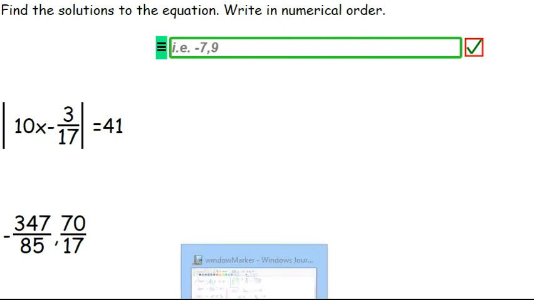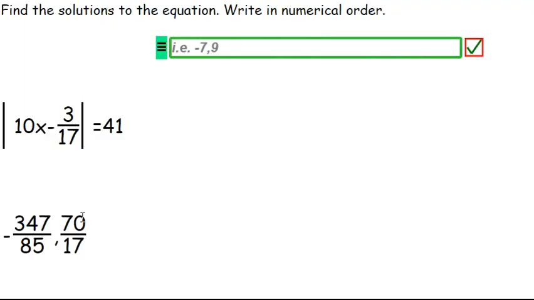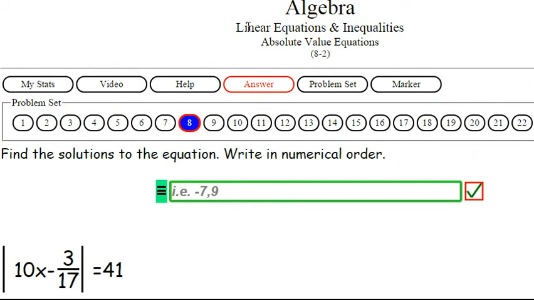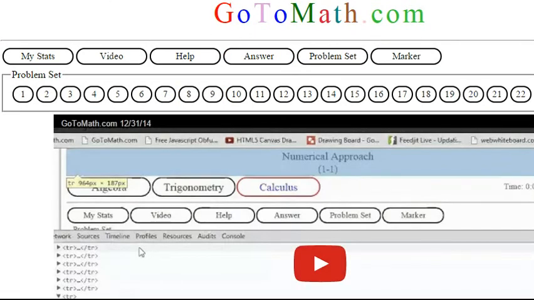Right? Is that right? Yeah, 70 over 17. Okay, and I'll let you go ahead and plug those in right there. Okay, so we're over here at GoToMath.com. Come on by, practice. See you later.